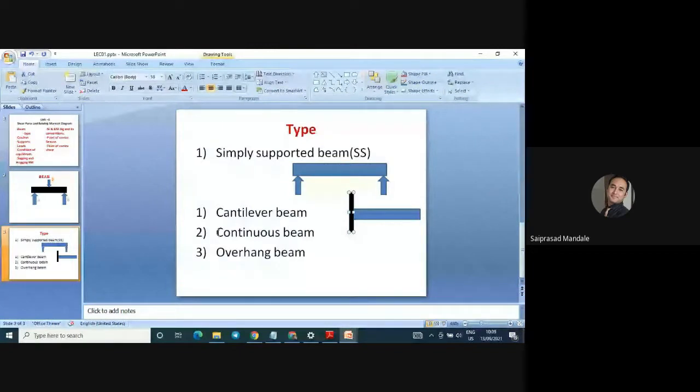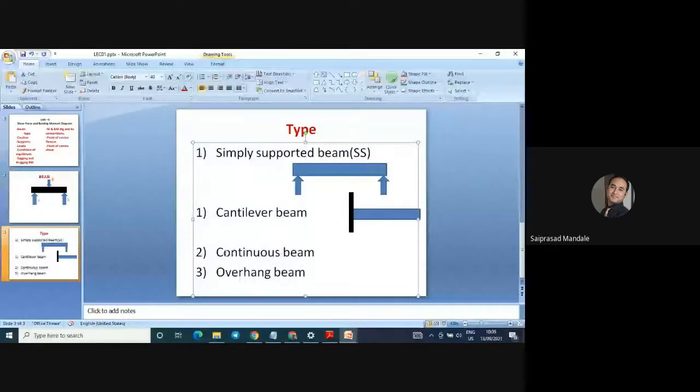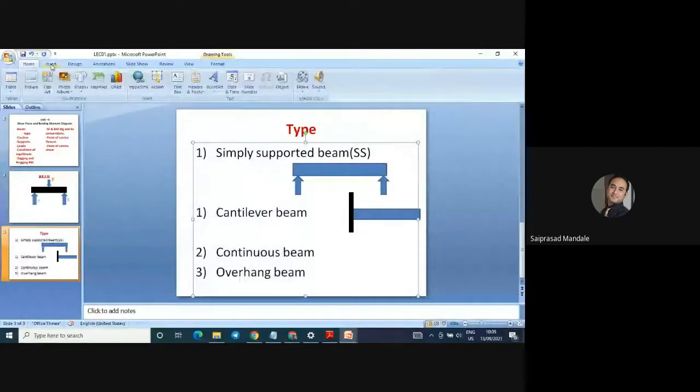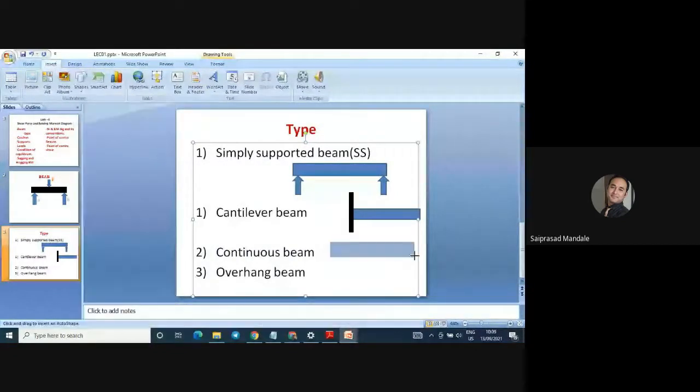Now, the third beam is the continuous beam. A continuous beam is a structural member which has supports continuously. The number of supports can be 1, 2, 3, 4, and so on.